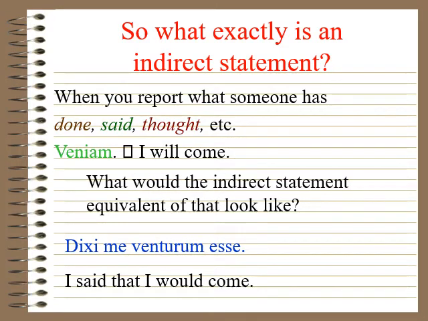It's a completely good sentence. If we wanted to change that into an indirect statement, we would say, I thought, I said, I heard that I would come, or he would come, or whoever would come. We're going to see how to put these together and how they work, and then you'll have to translate them and put English into their indirect statements on the assignment as well.